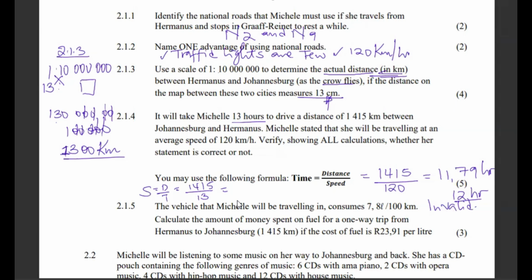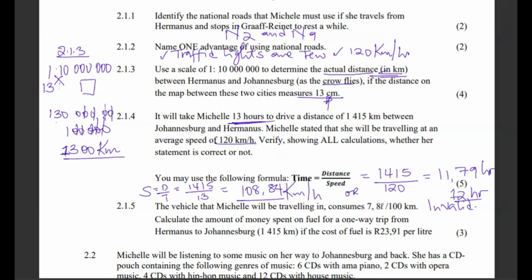You end up having 108.84 kilometers per hour. So you would either prove the speed. Now this speed was not equal to the one given in the question paper, so this is invalid also. The time we got here is not the same as the one given in her statement. So the statement is invalid.